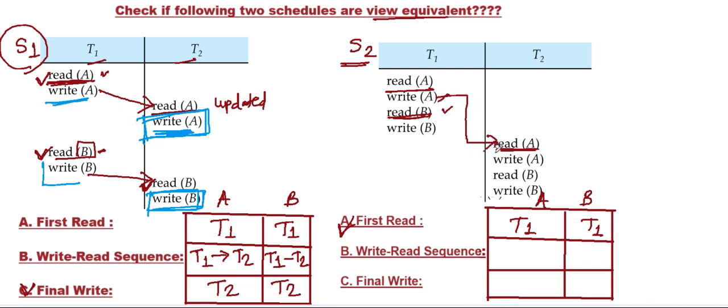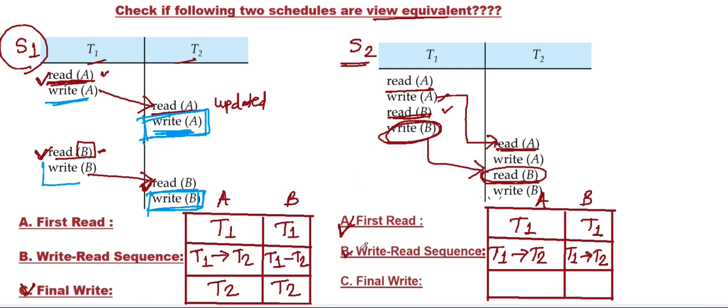So the sequence is T1 to T2, for variable A. Now check for data item B. This read operation on B occurs after this write operation on B, so this is the updated value read by transaction T2. So again the sequence for variable B is T1 to T2.